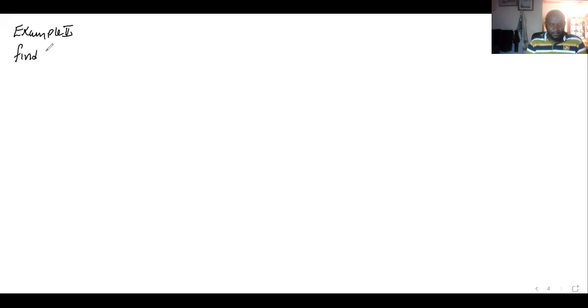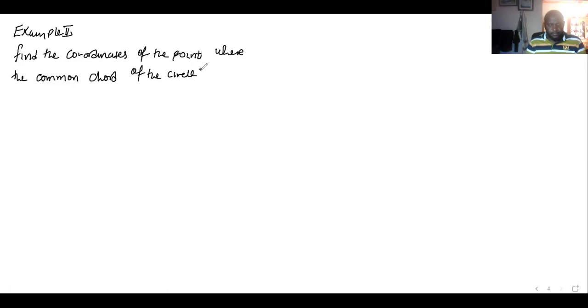Find the coordinates of the point where the common chord of the circle x squared plus y squared minus 4x minus 8y minus 5 is equal to 0, and x squared plus y squared minus 2x minus 4y minus 5 is equal to 0.